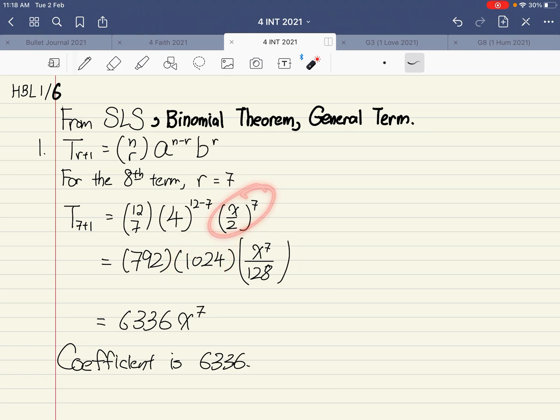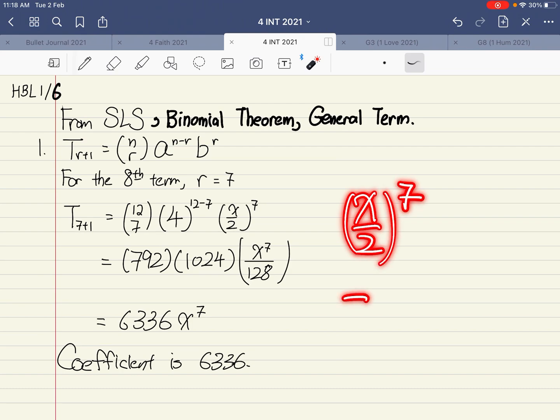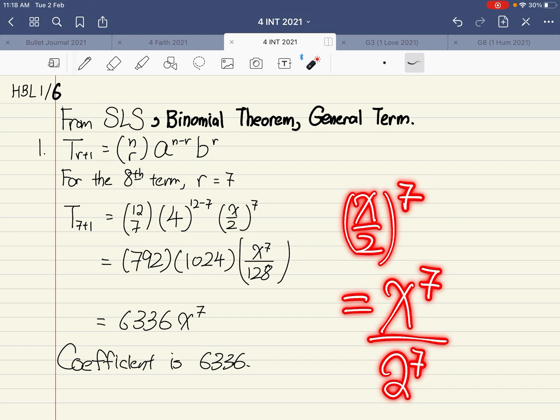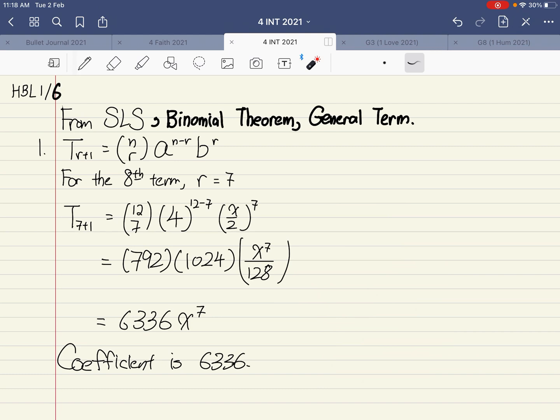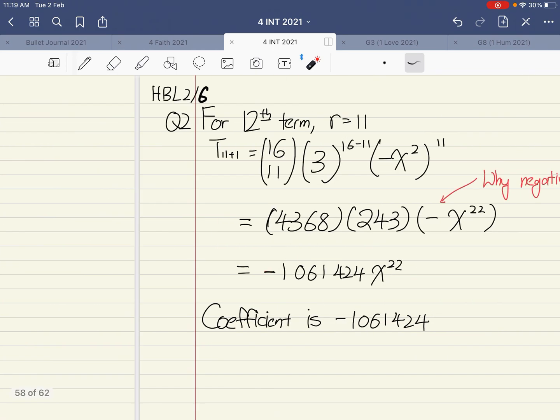How did I work out this portion here? x over 2, all to the power of 7, when you open the brackets, is x to the power of 7 over 2 to the power of 7, and 2 to the power of 7 will give you 128. So if you key into your calculator 792 multiplied by 1024 divided by 128, you get 6336. Do remember to answer the question. The question says what is the coefficient. So do write a statement there stating that the coefficient is 6336.